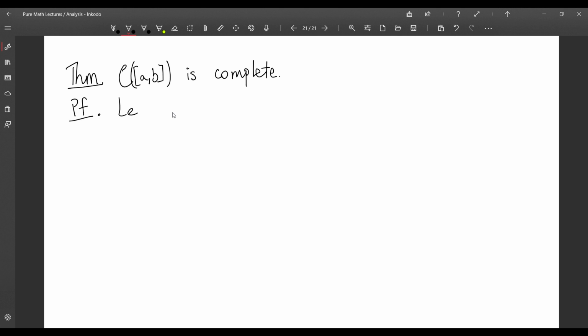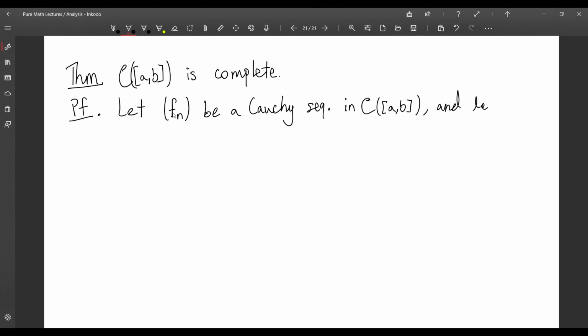So let f sub n be a Cauchy sequence in our space, C of AB. And let epsilon be greater than 0.